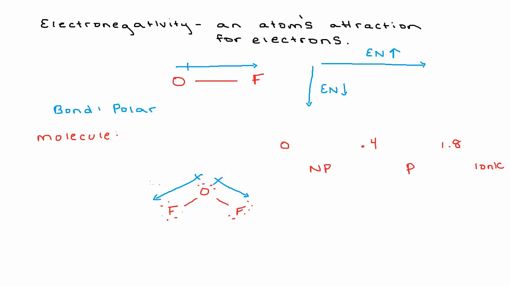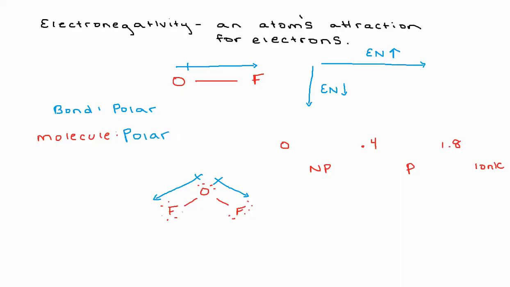For a molecule to be nonpolar, these need to cancel. Imagine a tug of war: if one person's pulling this way and one person's pulling this way, the molecule would move, and therefore it's a polar molecule because these dipoles do not cancel out. The only way for it to be nonpolar, for it not to move, would be if someone else were pulling that way, which we do not have, so I'm going to get rid of that. So the molecule itself is also going to be polar.